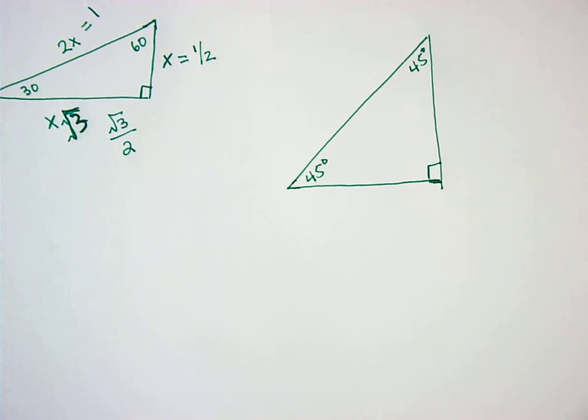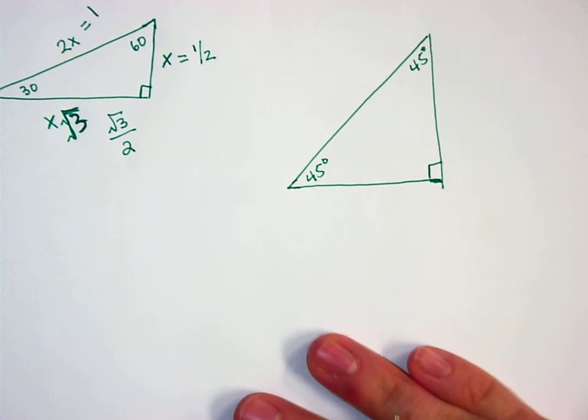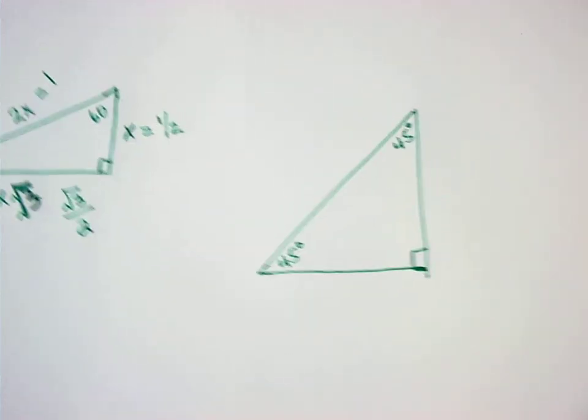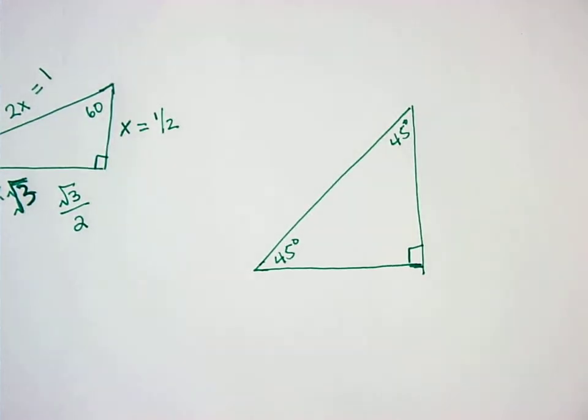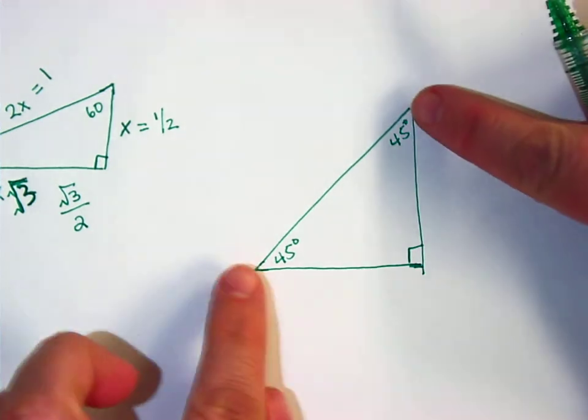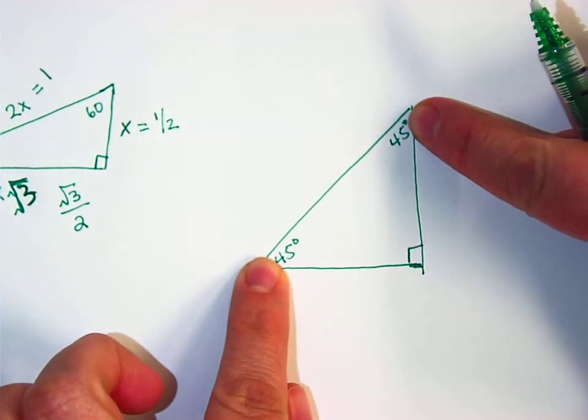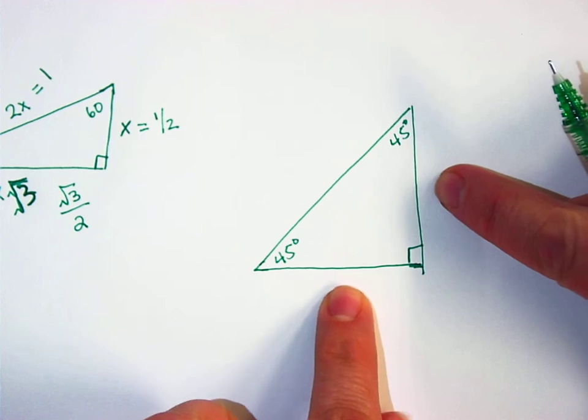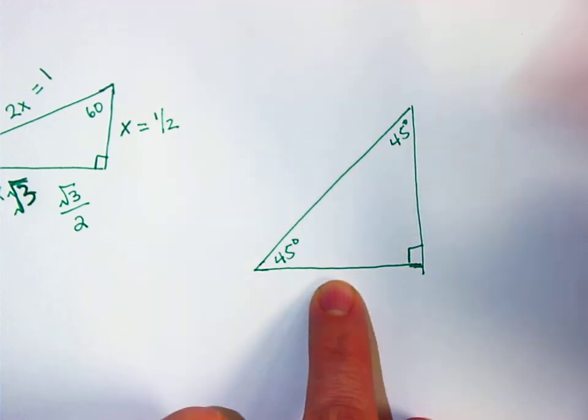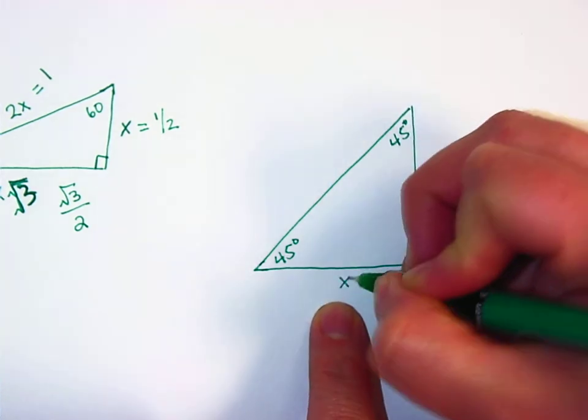Anybody have any ideas of what I know about this triangle? Come on, we definitely know something. It's an isosceles triangle, that's true. And if the base angles are the same, then that means these are going to be the same, right? Do you remember that from geometry? So this is the same and this is the same.